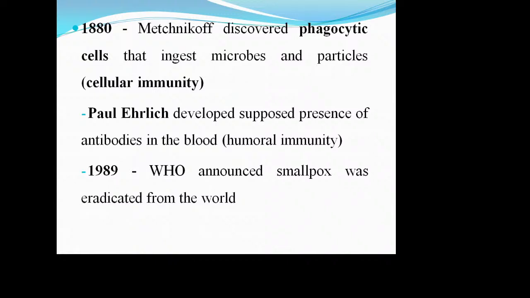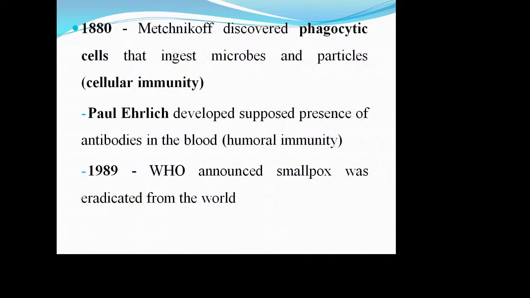Mechnikov and Paul Ehrlich discussed this; they did not agree with each other, but then in 1905 both Mechnikov and Paul Ehrlich were awarded the Nobel Prize for their works in immunity, for their discoveries in immunity.